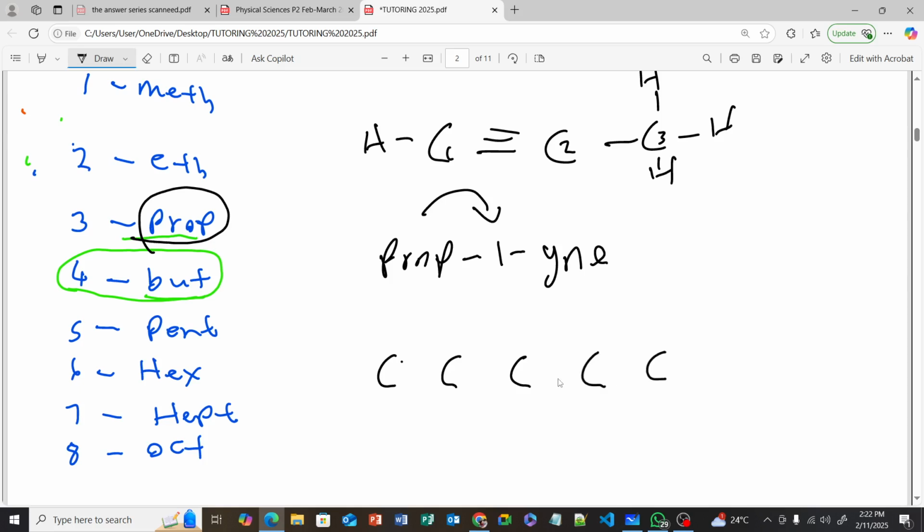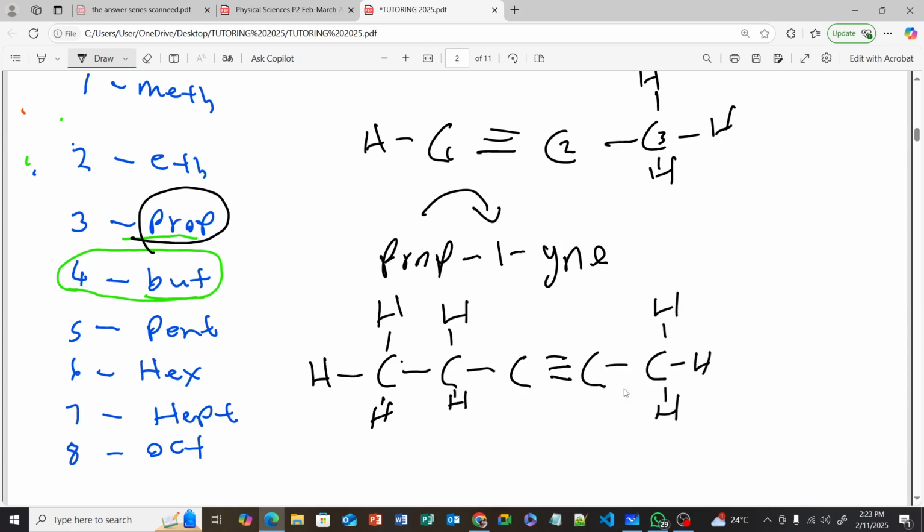Then I put my triple bond here. H, H, H, H, H, H, H, H. Remember, around every carbon there must only be how many bonds?